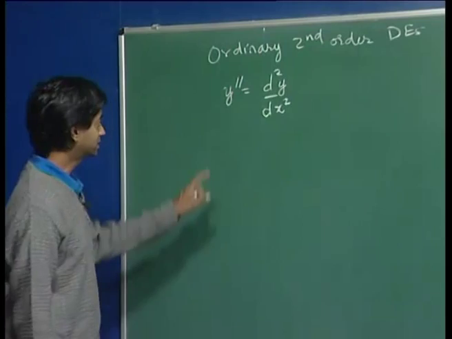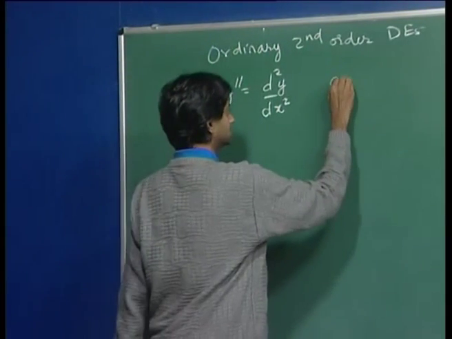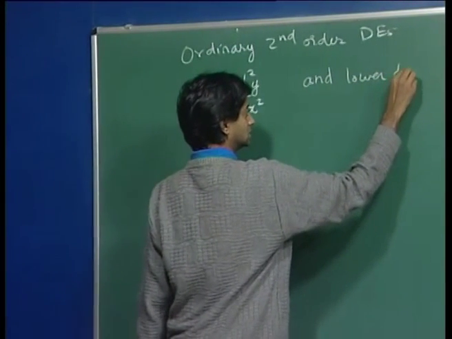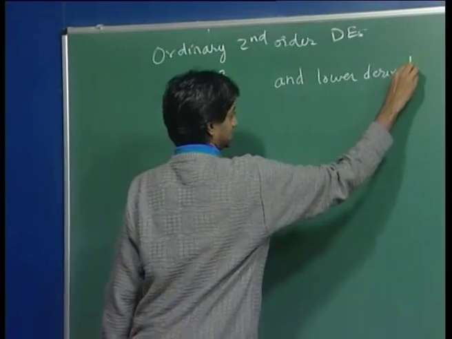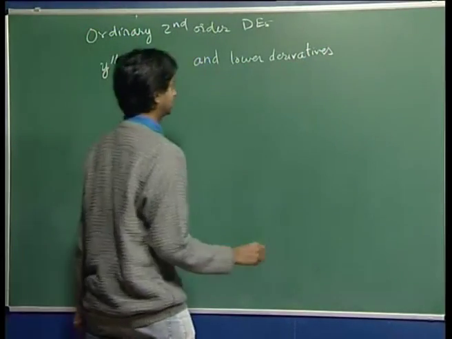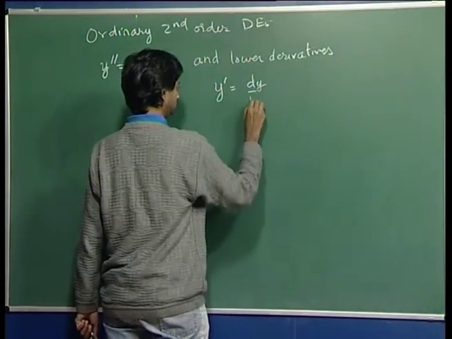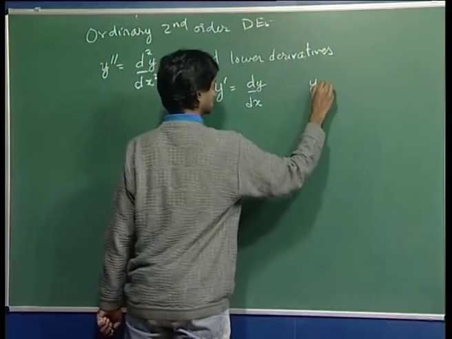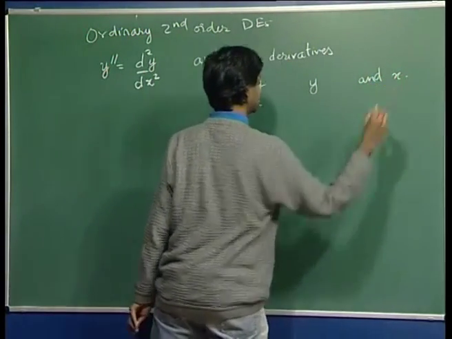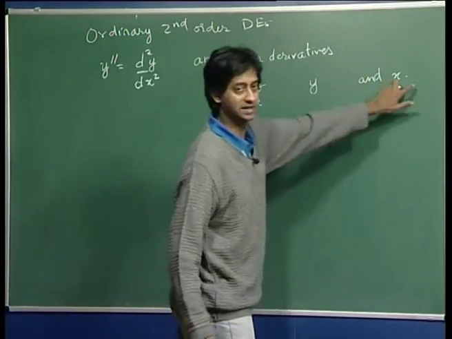It contains y double prime and it contains lower derivatives. So the lower derivatives will be y prime and y and x. So it is an equation containing y double prime, y and x.